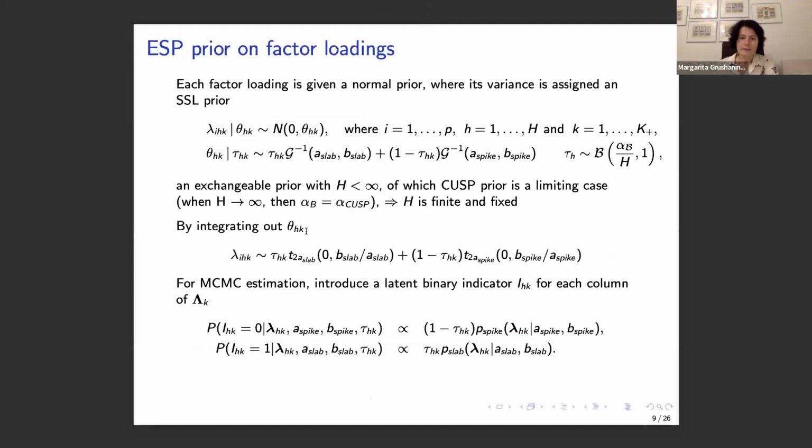So by integrating out the thetas, we can represent the elements of the factor loading matrix as a mixture of t distributions. And for the MCMC estimation, we can introduce a latent binary indicator hk for each column, which is 0 if this factor belongs to the spike, and is 1 if it belongs to the slab. And in this way, we can classify our columns into active and inactive.